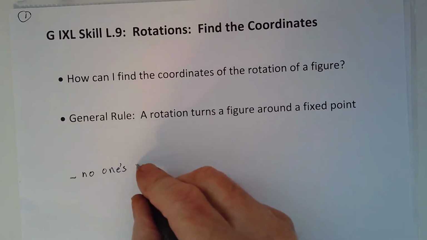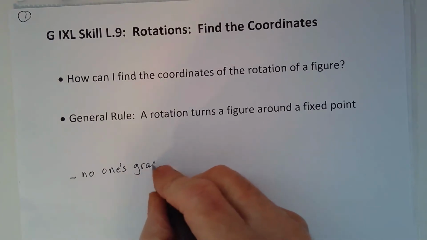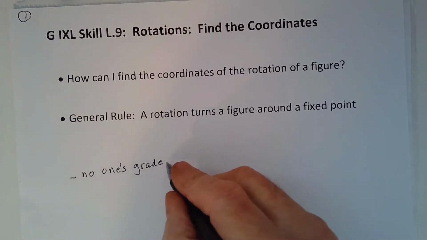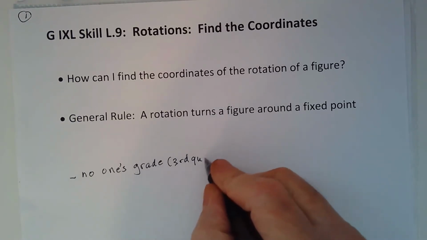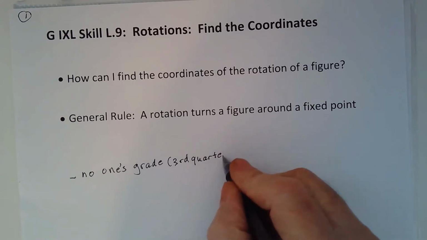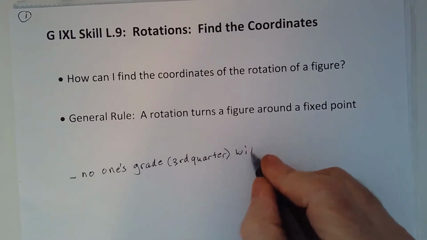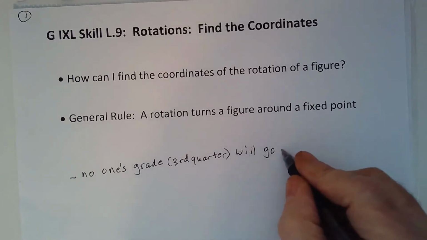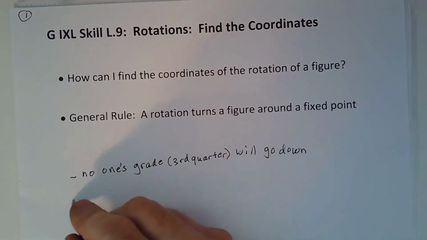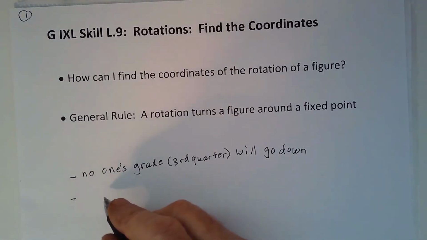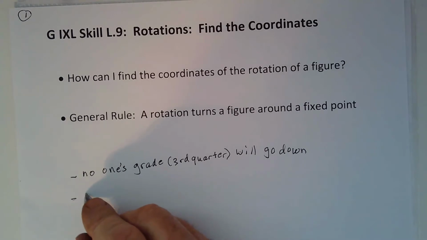This is your third quarter grade. No one's third quarter grade will go down for the semester. And to improve your grade, your skill score must exceed your third quarter percent grade.